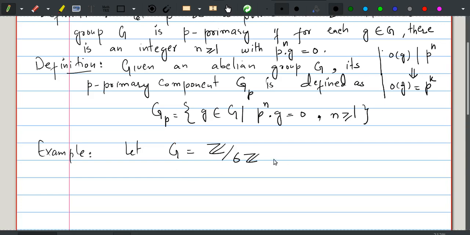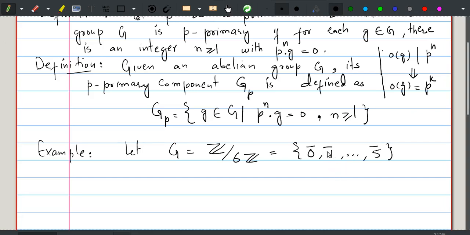So this G contains elements 0 bar, 1 bar, and so on, up to 5 bar. Note that each element here is a class of integers.